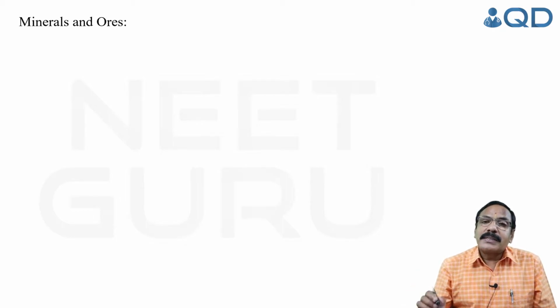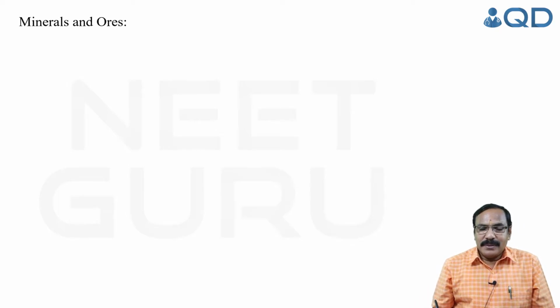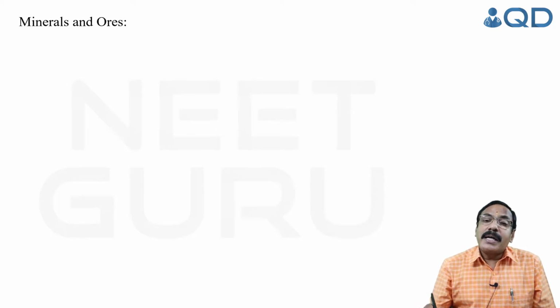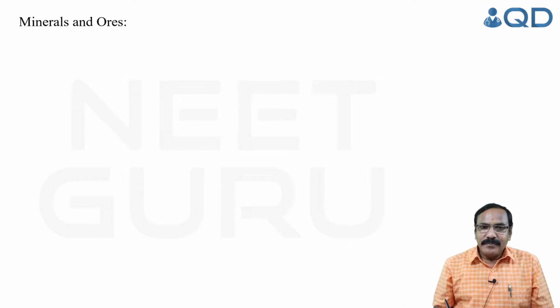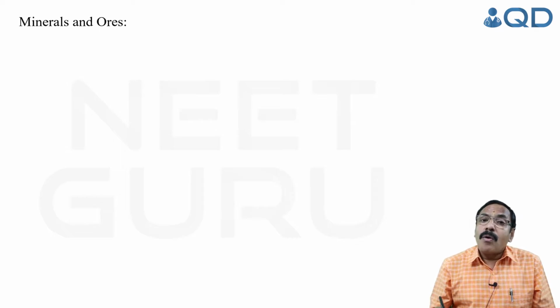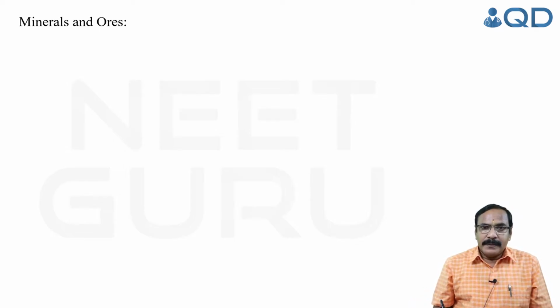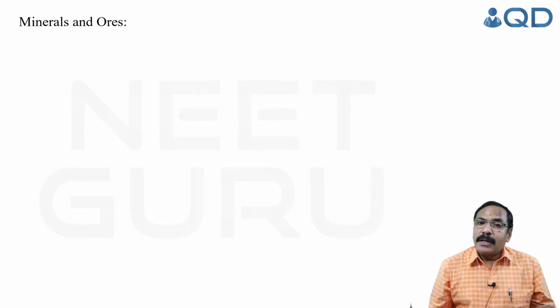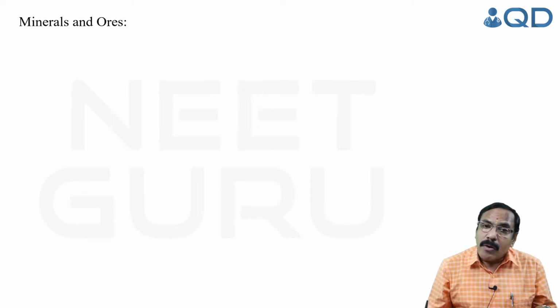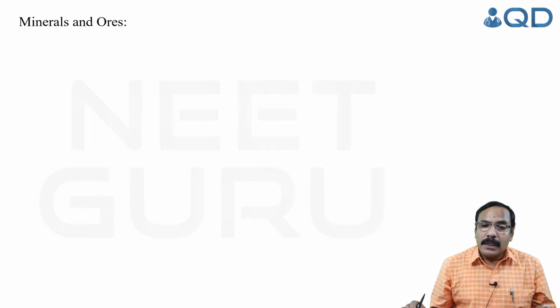Iron occurs as hematite, and also as iron pyrites. Pyrites means sulfide, iron sulfide. Copper is found as copper pyrites, and also as copper carbonate. So, the majority of the metals are found as their oxides or their sulfides. These naturally occurring compounds of metals are called minerals.